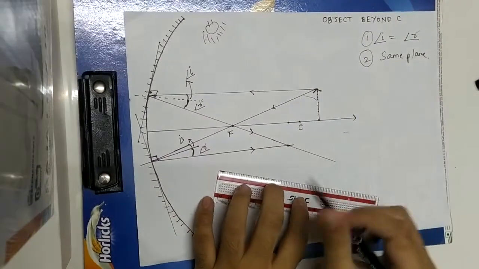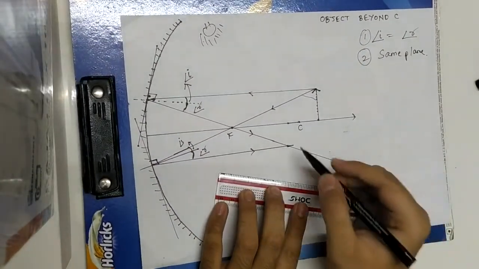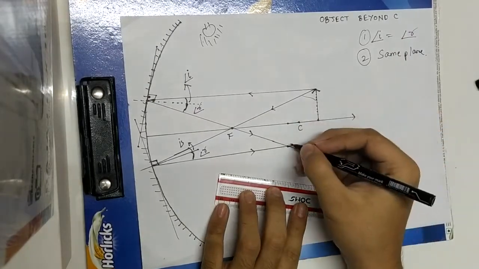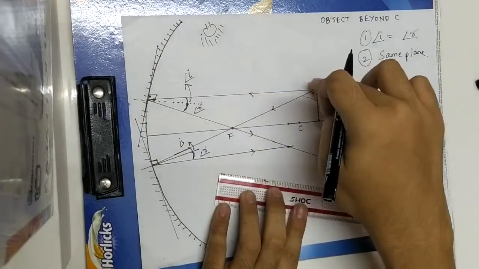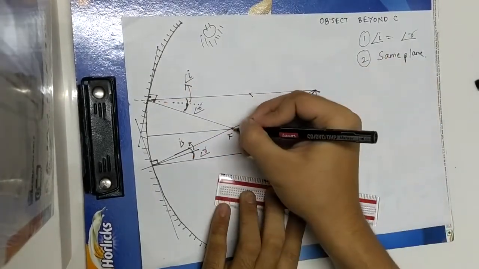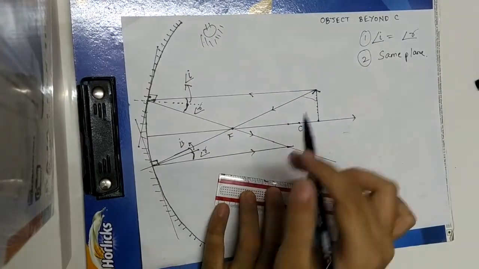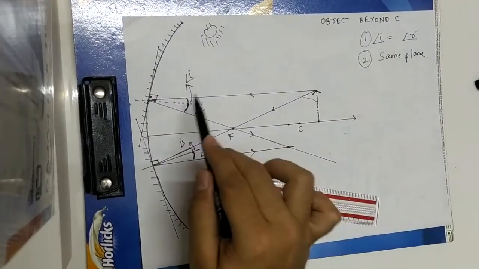So now we have seen where the reflected rays go. Wherever the reflected rays intersect, see here, this is the ray that is going here. We should not see where this reflected ray and this ray intersect. We should only see where the two reflected rays intersect. So this is the incident ray.